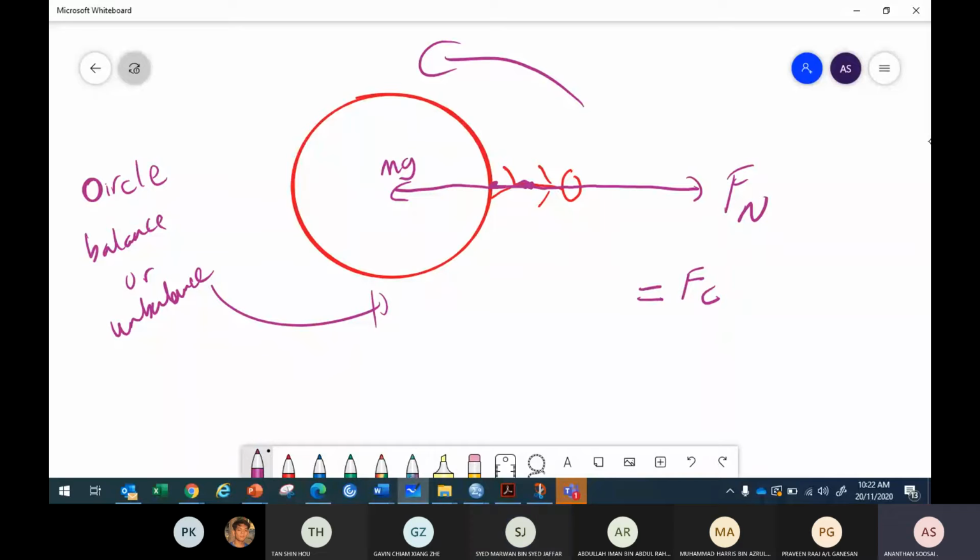So if you accelerate, you are acted upon by an unbalanced force. Now tell me, when the Earth is rotating, which direction is your net force? Towards the center of the Earth or away from the center of the Earth? Your net force. Away. Away. Is mg bigger or is Fn bigger?